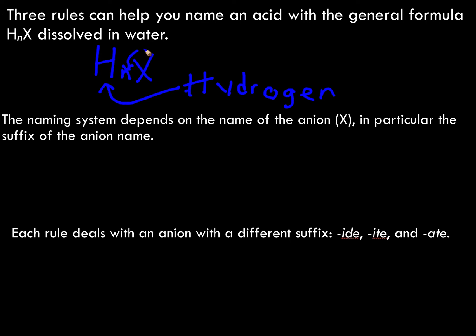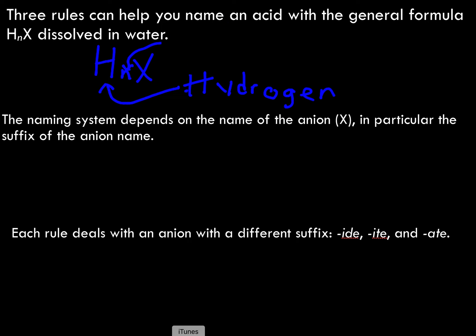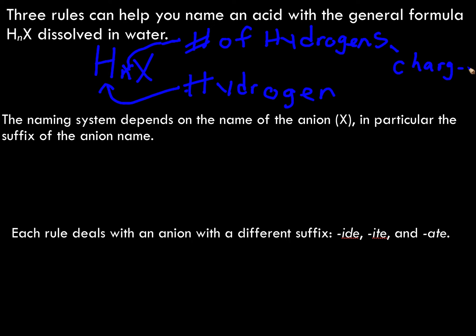N is the number of hydrogens, and that comes from the charge of the anion. And then X will be our anion.